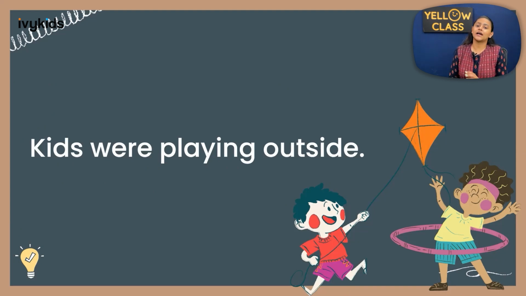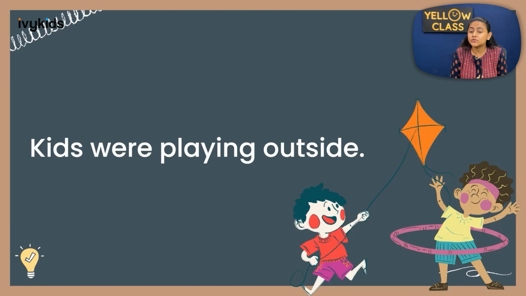Kids were playing outside. Now first of all, make this clear in your mind: when we are talking about something that is singular, that time we use was. When we talk about two or more than two persons, places or things, that time we use were. I hope that is clear to everybody.